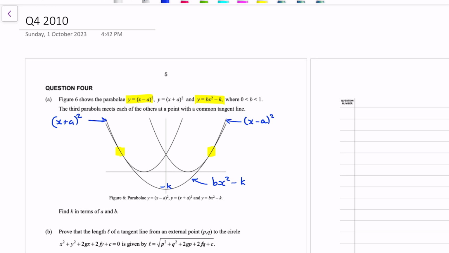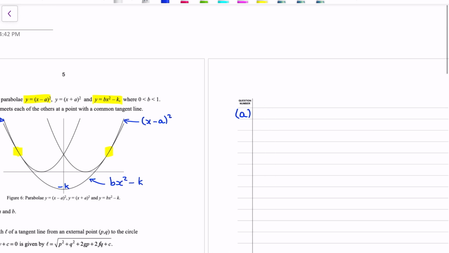I don't need to use any differentiation for this, even though it's talking about tangents. I just solve this equation, (x minus a) all squared equals bx squared minus k, and the solutions to this equation are values of x that represent the points of intersection.